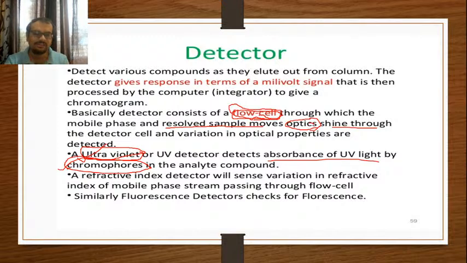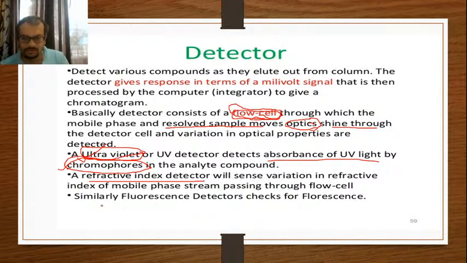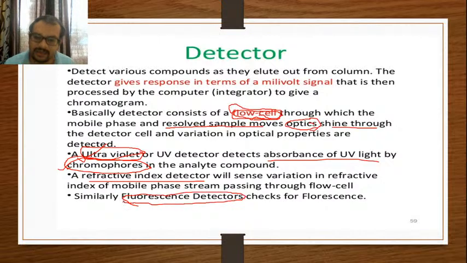If there is a variation in the refractive index between the mobile phase and the individual component, then you can apply the refractive index detector. Similarly, if your compound is fluorescent, if it shows fluorescent activity, then you can analyze it with the help of a fluorescence detector.